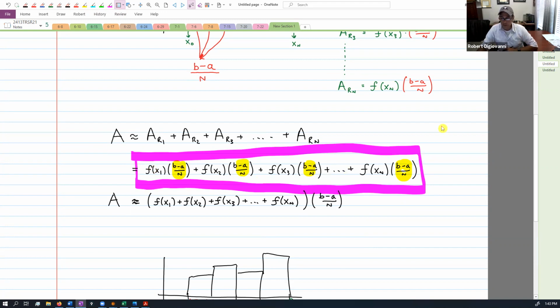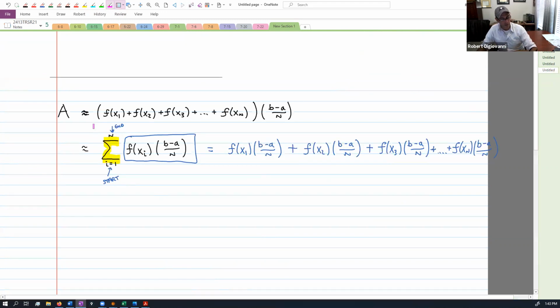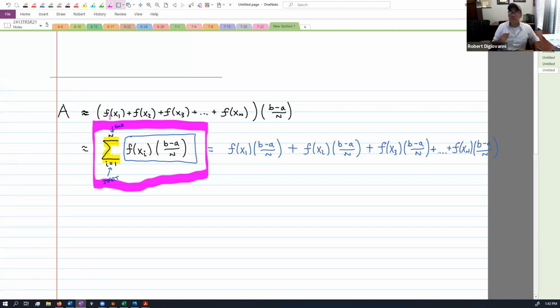Instead of doing all that, we just have to write that right there. Much cleaner, much easier to see. So that formula in that purplish box, if you had the time and could sit there plugging in all these values to your function, you would be able to get an approximate area.